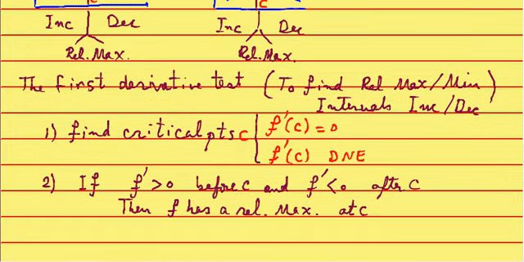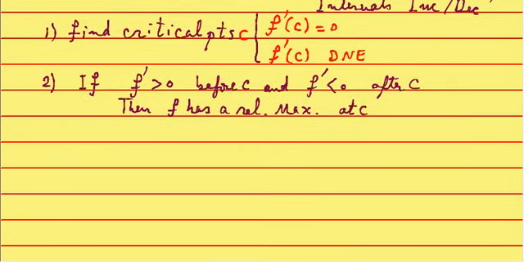What's the other possibility? Let me draw the picture of the other possibility. Suppose you have a function, you find a critical point, say critical point here, and you discover that before the critical point the graph is exhibiting a descending behavior. It has a negative derivative, and after that it has a positive derivative.